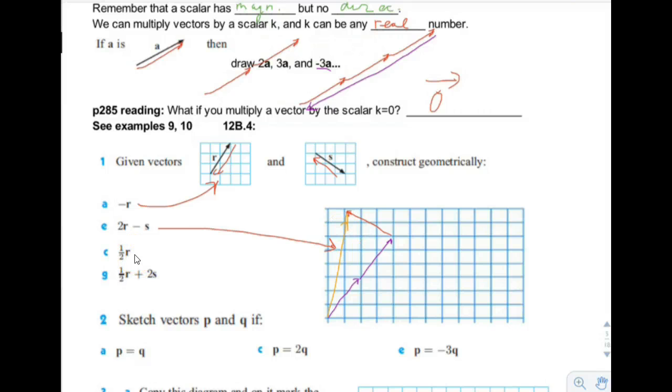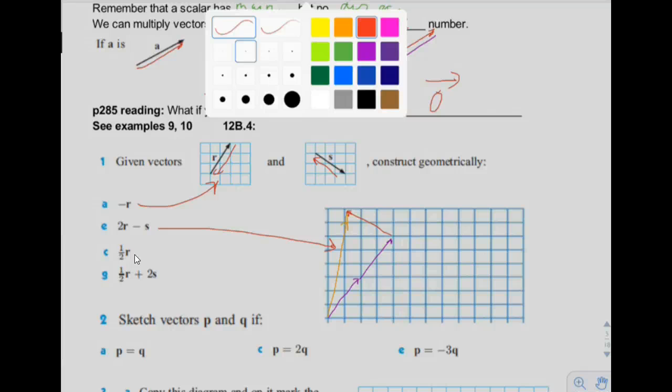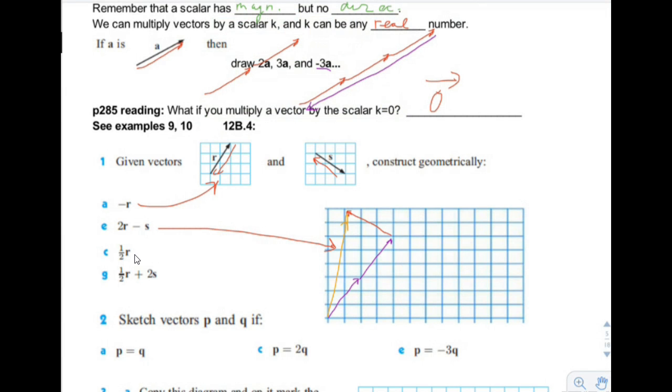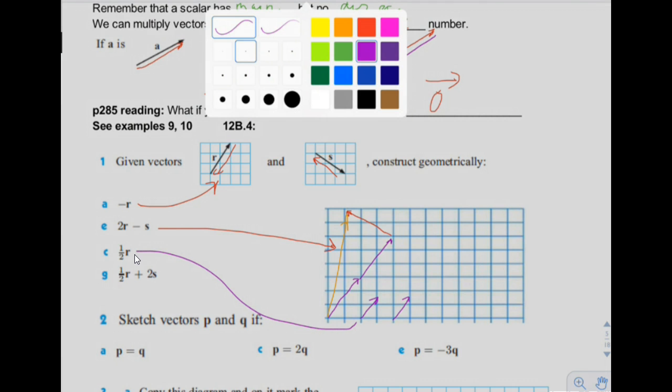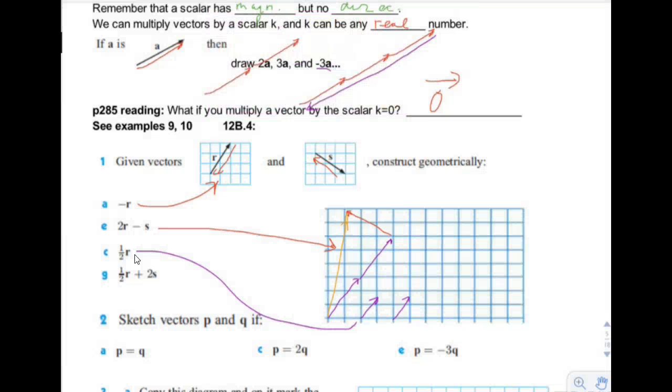What about 1/2 r? That would be halfway, like that. What about 1/2 r plus 2s? So we'll have 1/2 r, and then 2s would be, let's see, s is like 2 down and 3 across. 2 down and 3 across, like that.